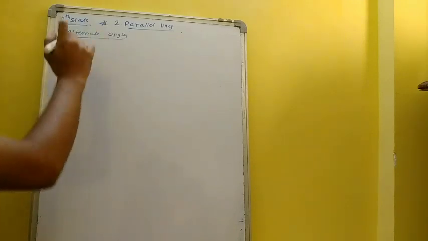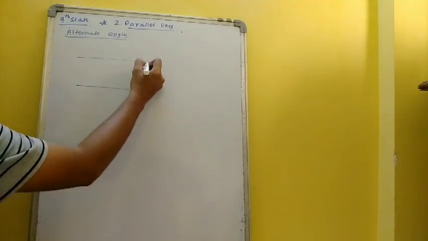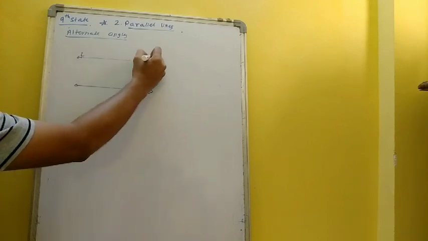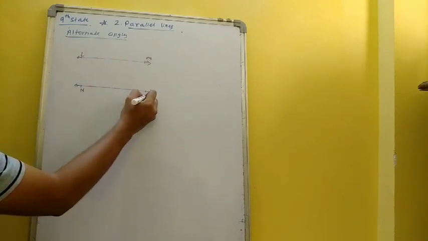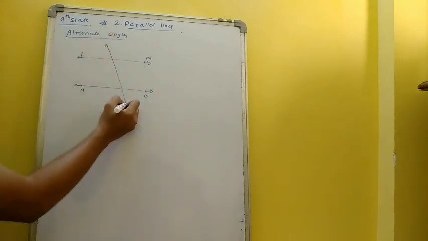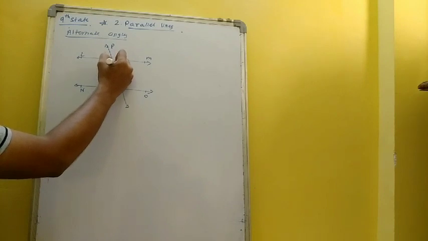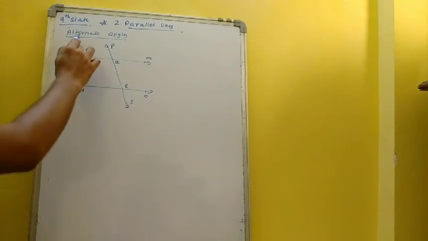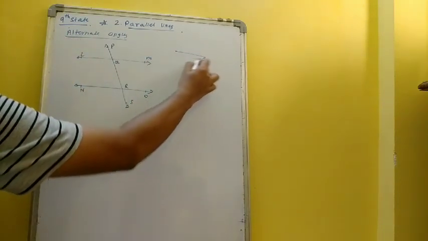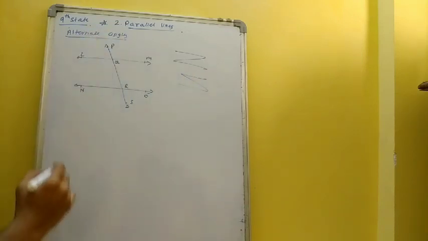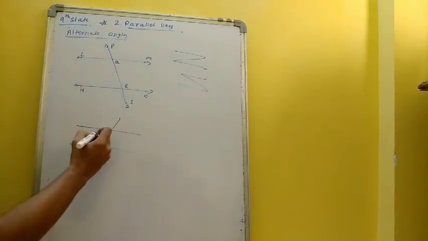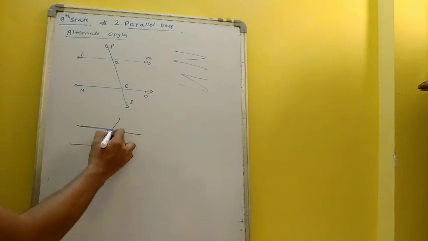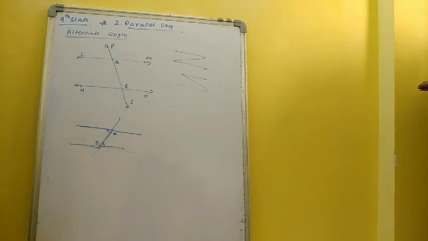Now we will see what alternate angles are. Draw two parallel lines L, M, N, O. We will draw a transversal P, Q, R, S. Alternate angles are the angles forming a Z or inverted Z. For example, I have these two parallel lines and a transversal. The angles forming a Z, this angle and this angle, will be equal, and for the inverted Z, this angle and this angle will be equal.